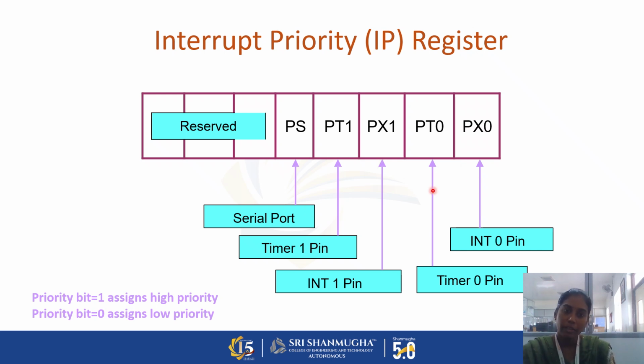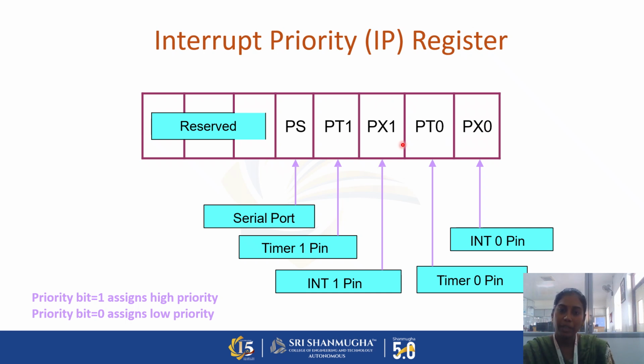Here bits 3, 5, 6, 7 are all reserved. That means the user can use them to accept priority signals. If the user has some more interrupt signals, we can add them in these bits. PS is the serial port, PT1 and PT0 are for timer 1 and timer 0.